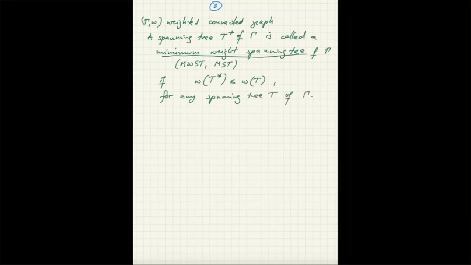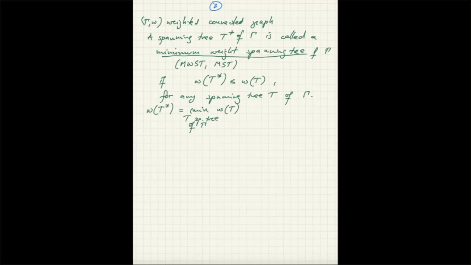So essentially the weight W of T star is the minimum of all the weights of the spanning trees of gamma.